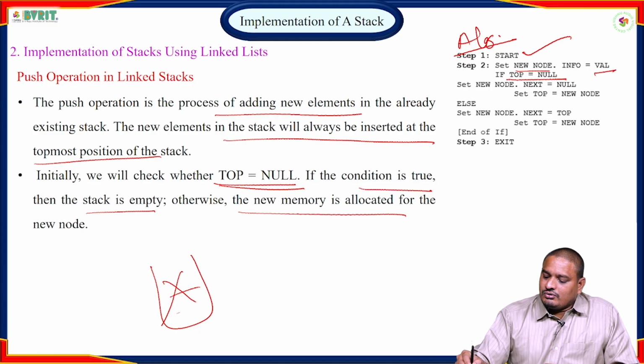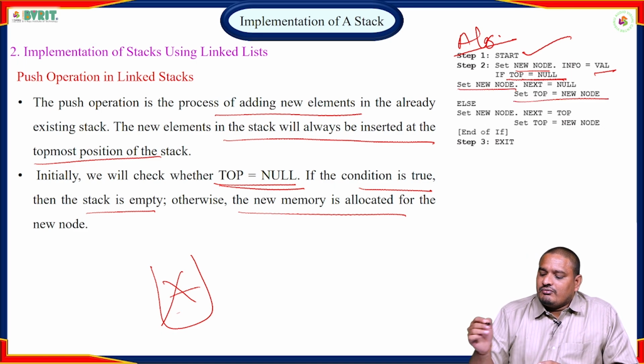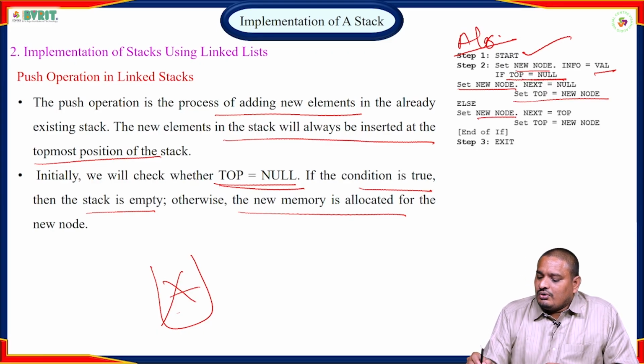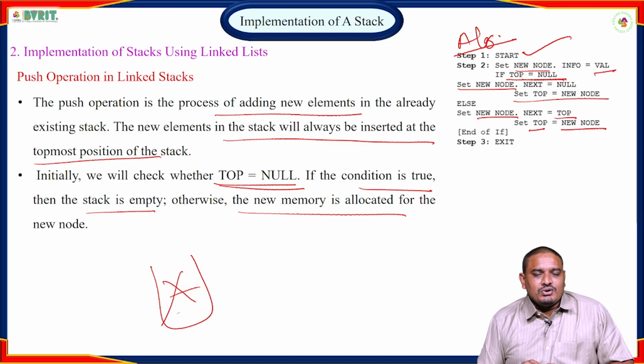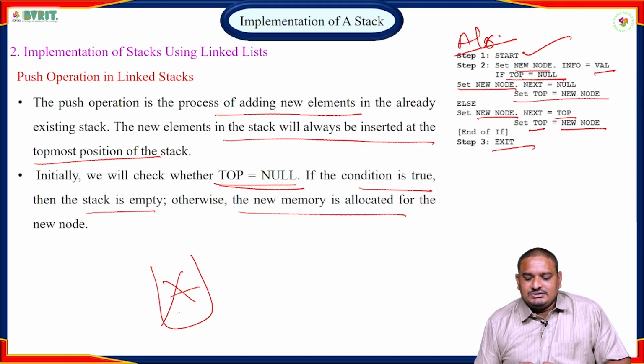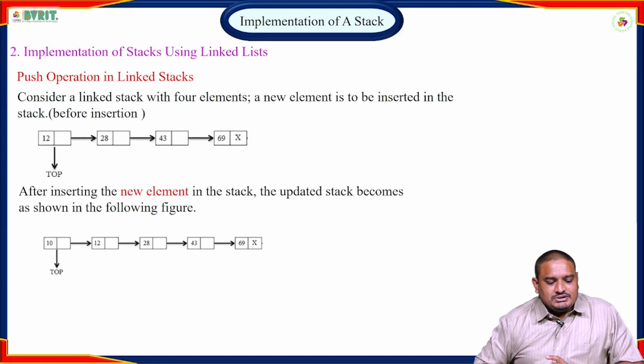If top equals null, set new node dot next equal to null and set top equal to new node. Else, new node dot next equals top. Then the top position is new node. Exit the algorithm. That is the algorithm for the push operation.